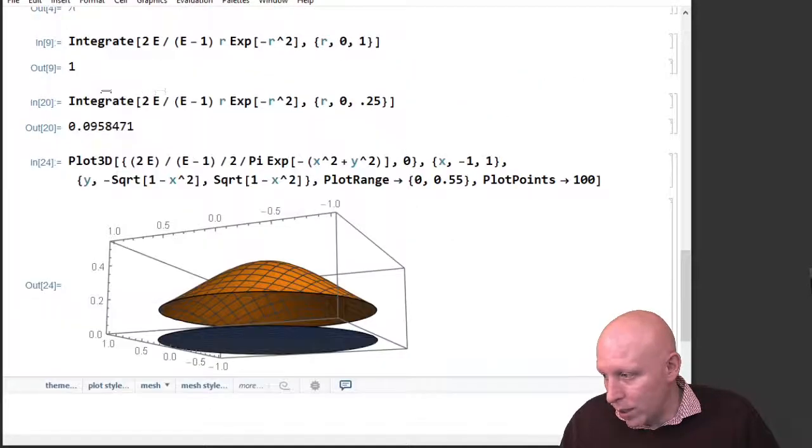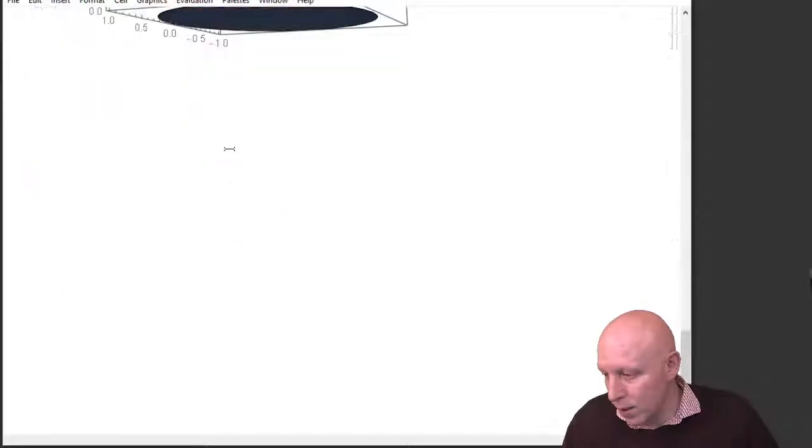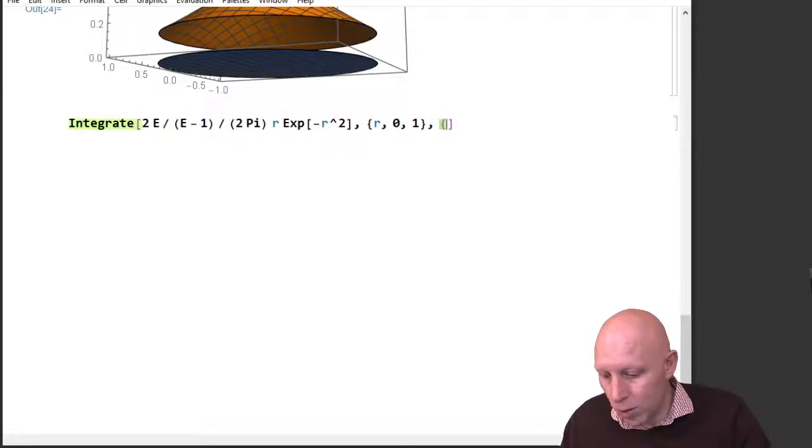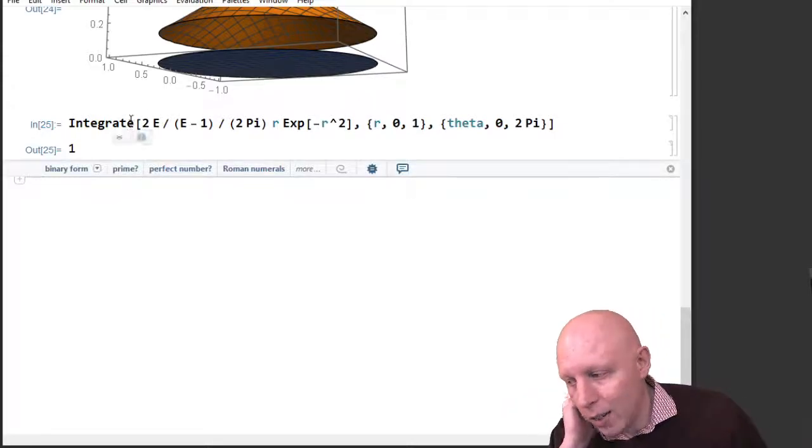And so what we can do is we can integrate 2e, and we have to divide by 2 pi. And we have r goes from 0 to 1, theta goes from 0 to 2 pi. And when we integrate that, we get 1.